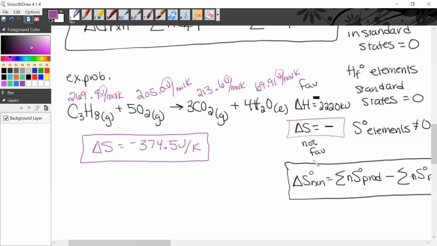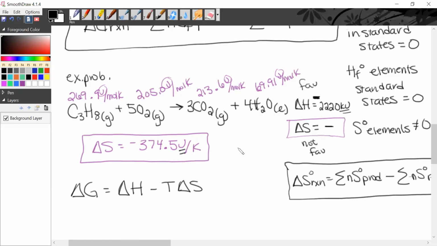Yes. Okay, good. So now you guys, please use your delta G equals delta H minus T delta S equation. Use this equation to tell me whether or not this reaction is going to be spontaneous. Careful: your delta H is in kilojoules, your delta S is in joules, and your temperature needs to be in Kelvin.